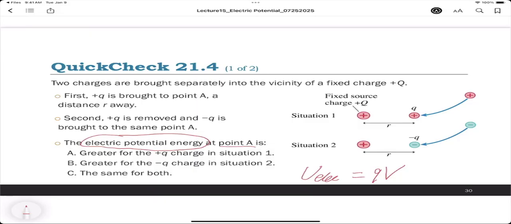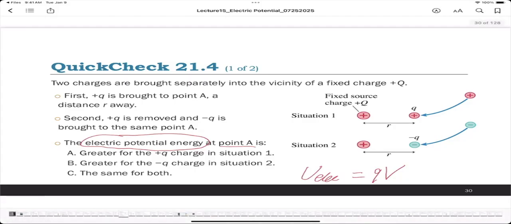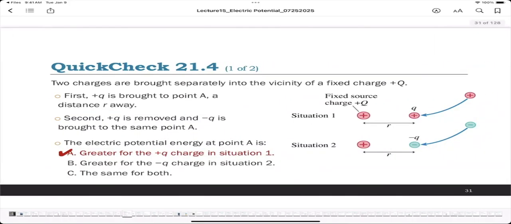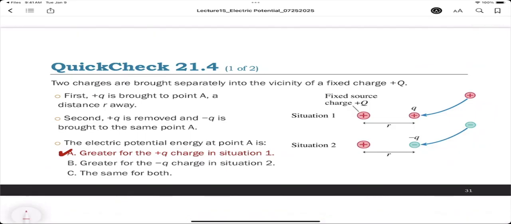Here the electric potential is the same, am I right? So the difference is the q, because this one is positive, this is negative. Does that make sense to you? The electrical potential energy will be greater for the positive charge than the negative charge. Does it make sense to you?